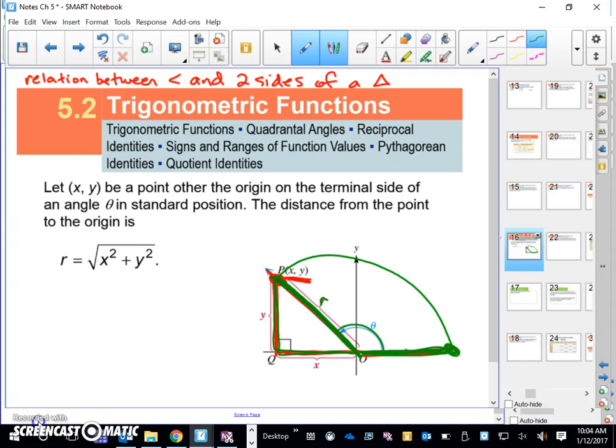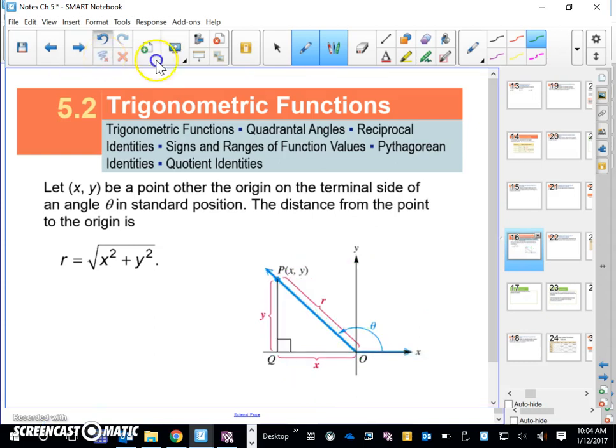If I took this point and rotated it all the way around 360 degrees, you should kind of see a circle, and the radius of that circle just so happens to be the hypotenuse of that triangle. So the reason they're using the letter R is because it's the radius of that circle.